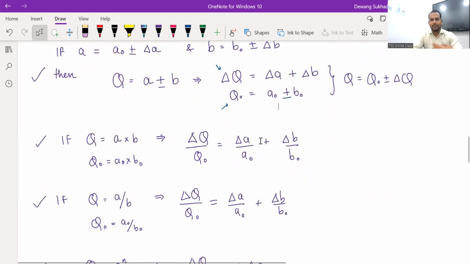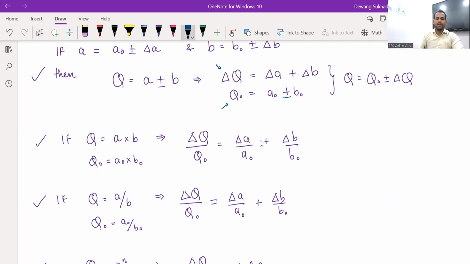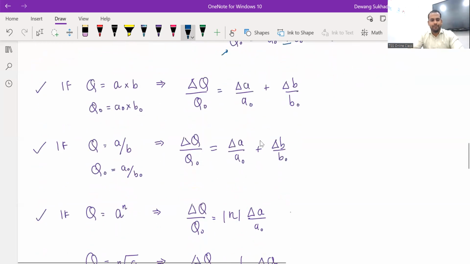Okay, so that is something that we can remember about this. If we are multiplying or dividing, we rely on finding the fractional uncertainty. So first we can find the true value or the mean value by taking the mean values' product or division, and then we can find the fractional uncertainty by using this formula.